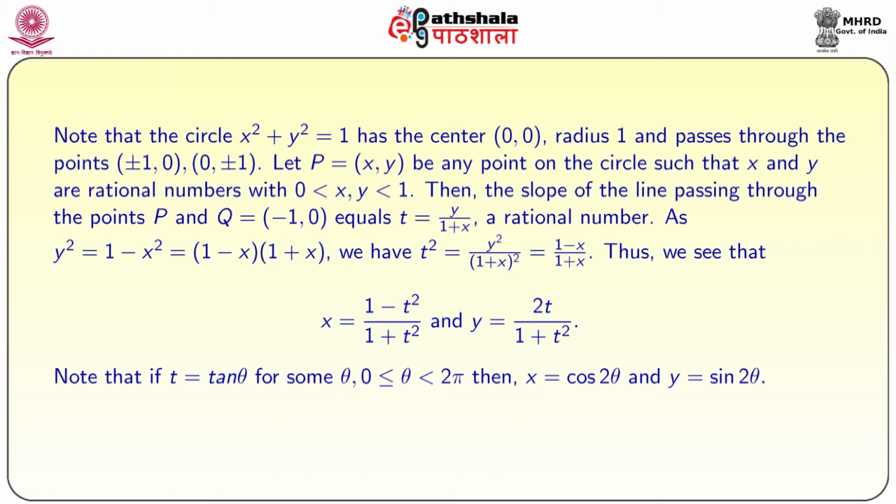So, now note that if t is equal to tan theta for some theta where 0 is less than or equal to theta less than 2 pi, then it is easy to see that by substituting t equal to tan theta in x equal to (1 minus t square) by (1 plus t square), y equal to 2t by (1 plus t square), we will get x equal to cos 2 theta and y equal to sin 2 theta.